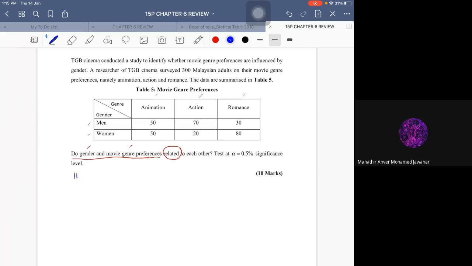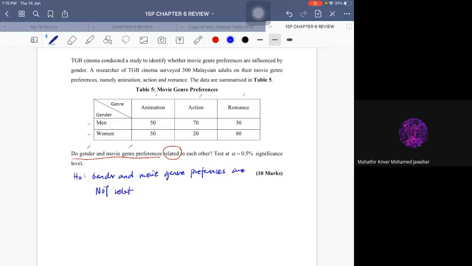First of all, I'm going to start with the null hypothesis. Remember, the null hypothesis always says there is no relationship between X and Y. So I'm going to answer the question: gender and movie genre preferences are not related. There is no relationship between them.